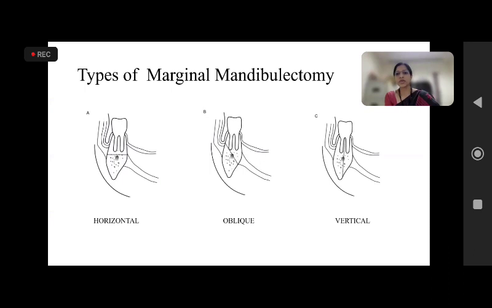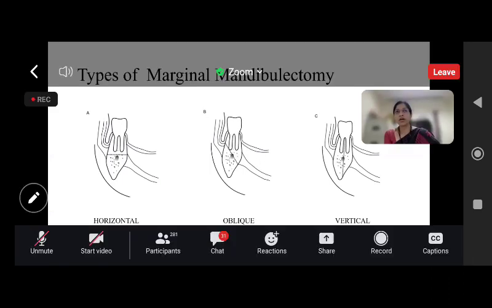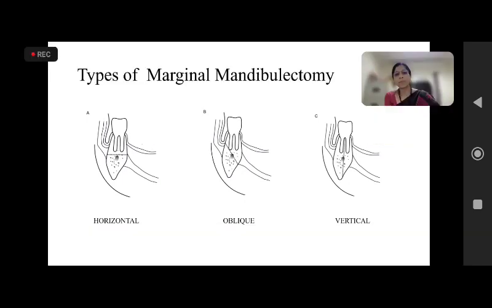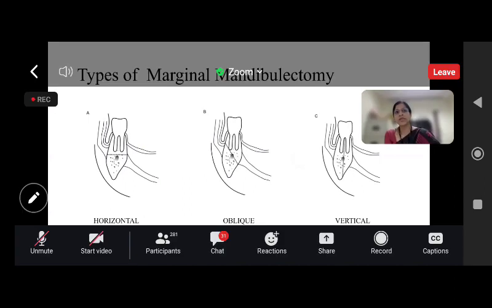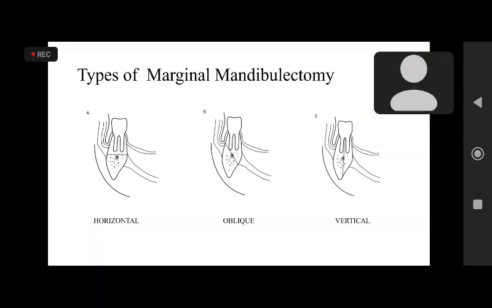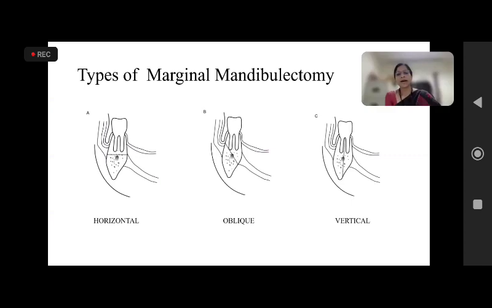That's why you leave behind the most important part of the bone with the patient so that you don't have a pathological fracture. The other thing is that all the accessory foramina are in the upper part of the mandible and very few in the lower part. So the routes of entry are taken care of when you are removing the upper rim of the mandible. That is the whole idea why we do a marginal mandibulectomy and its different types.